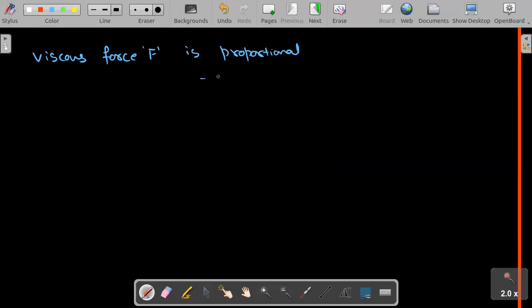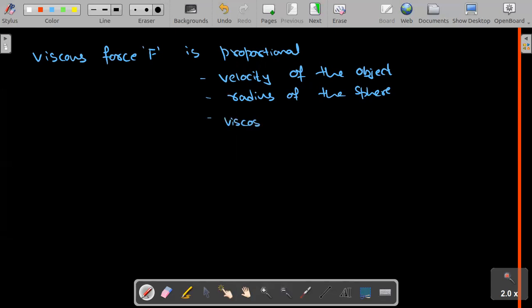One is the velocity of the object which is going through the fluid. Not only this, the radius of the sphere which you have taken, and also the viscosity of the fluid. Here, Stokes has observed this for only spherical objects.